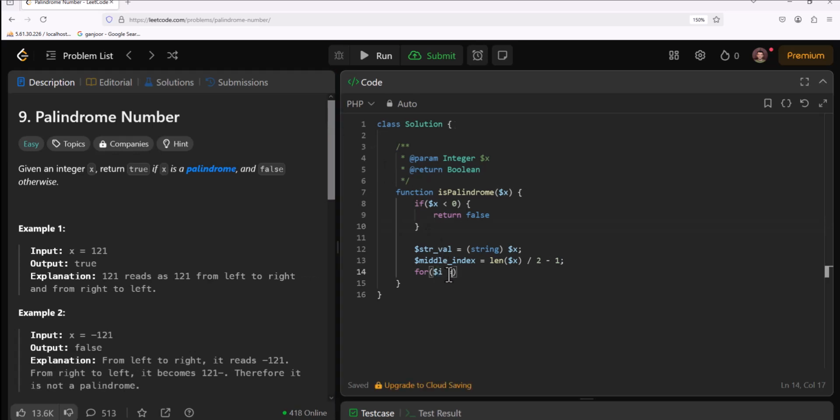Okay, i equals 0, and it will go up to the middle index, and we need i plus plus. Okay, and then we will check if strval of i was not equal.